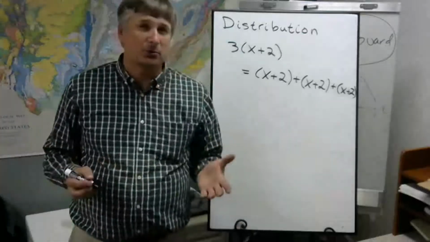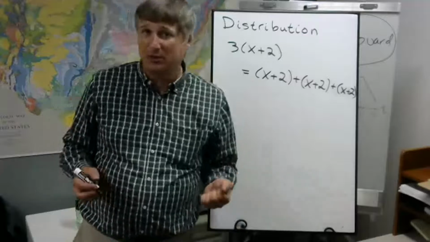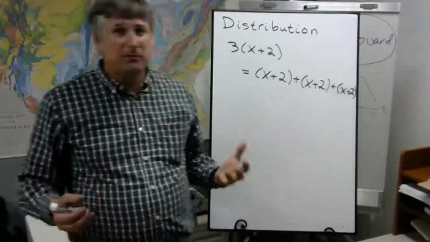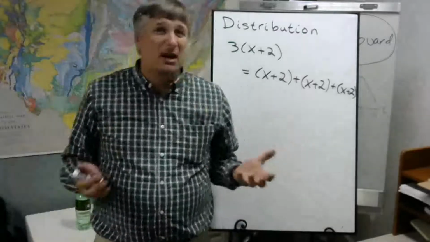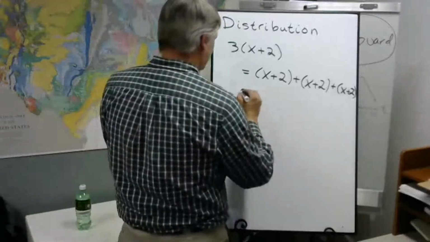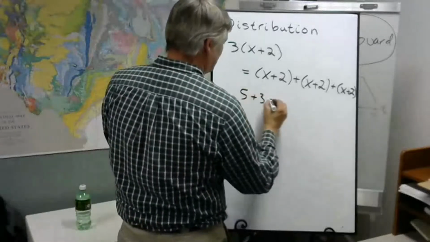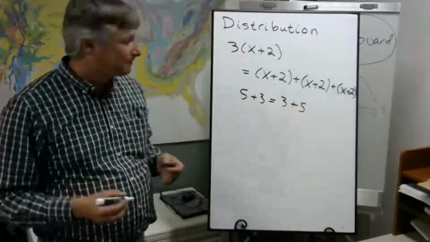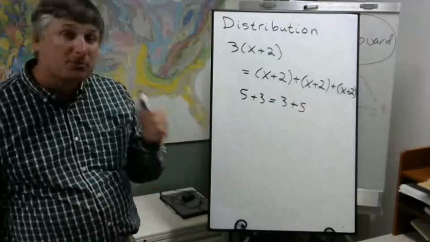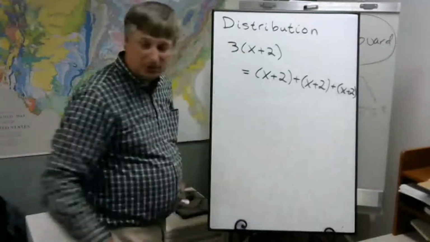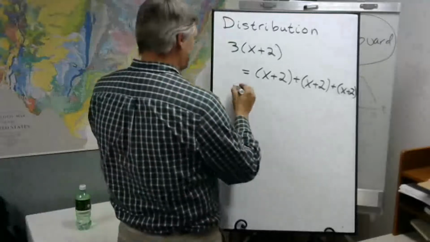Addition has two special properties, associativity and commutativity. Now, commutative means the order doesn't count. 5 plus 3 is the same as 3 plus 5. You're going to get the same answer. So that's commutativity. Associativity, here, let me write that down, what that is.